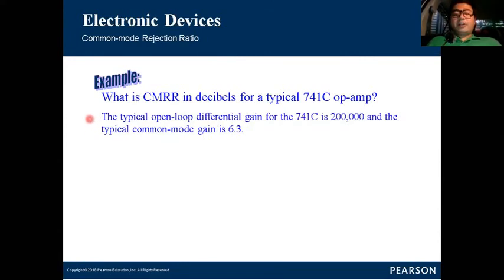So for this particular type of example, ang sabi dito, ang 741C daw ay merong A sub OL na 200,000. Ito yung sinasabi ko kanina na ang practical value ng open loop gain ng ating op-amp is very high. But the ideal value is infinite. So how can we control this gain? We can control this gain by connecting different values of resistances like what I've said a while ago.